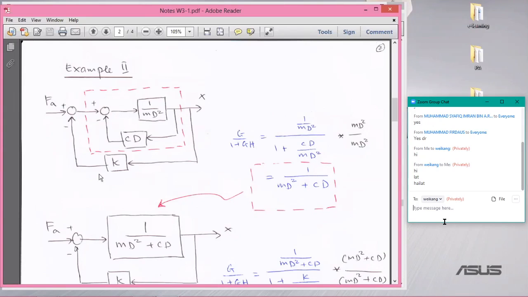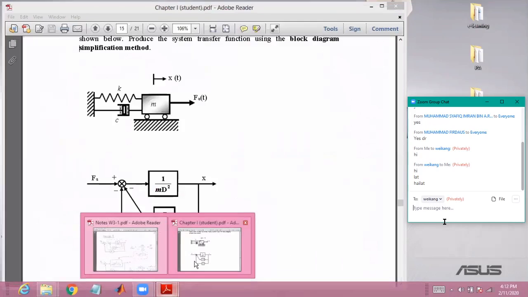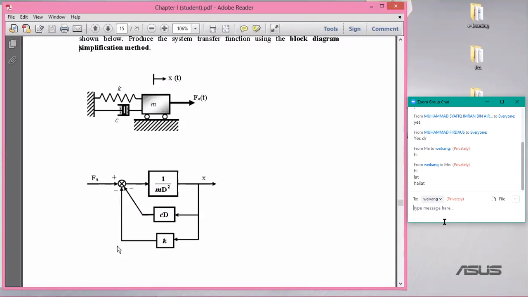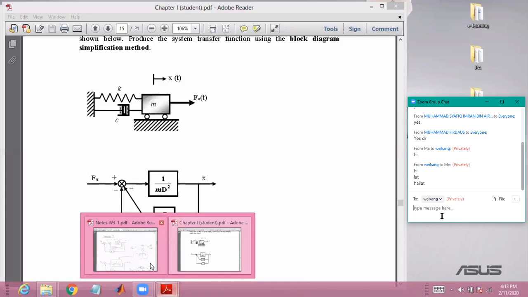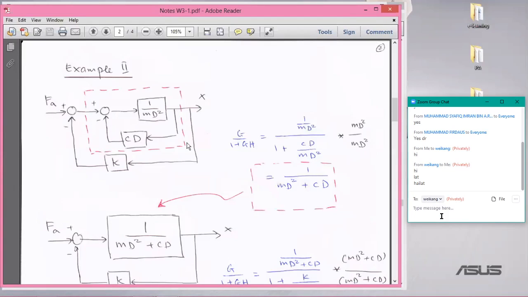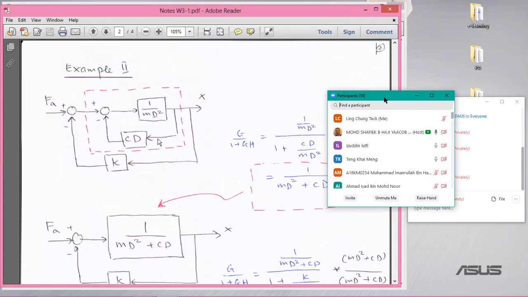So this block diagram is equivalent to the original block diagram. I haven't done anything yet. I just split the summing junction and took the takeoff point at two different points. And then if you see here the dotted line, this is just a feedback loop.